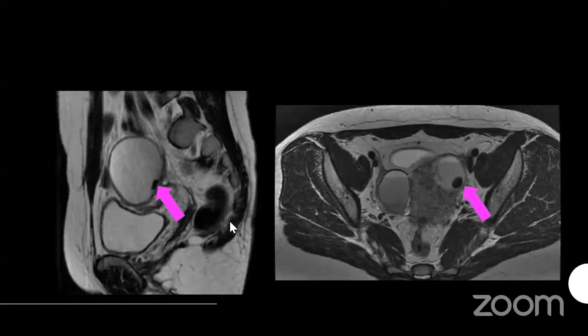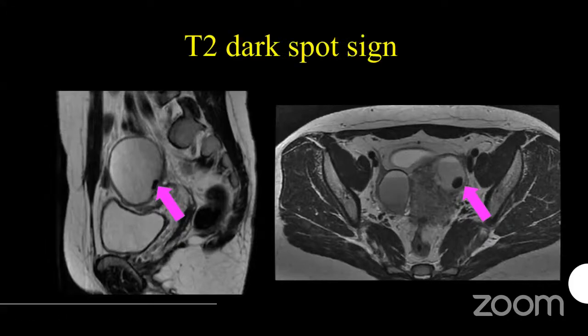Yes, so this is the T2 dark spot sign. Again, it is also seen with endometriotic cysts or endometriomas. These are the two signs which help us confidently identify an endometriotic cyst when they are present, as it might sometimes be confused with a hemorrhagic cyst because both of them will have T1 bright content.